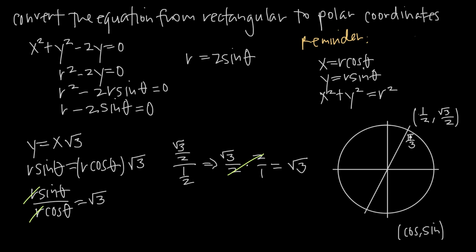The angle there is pi over 3. So because pi over 3 satisfies that equation, this equation here becomes theta equals pi over 3. In the same way that this curve and this curve are exactly the same, y equals x times square root 3 is the exact same curve as theta equals pi over 3.